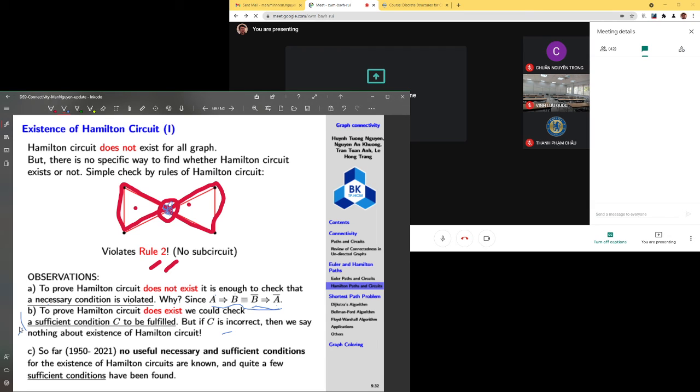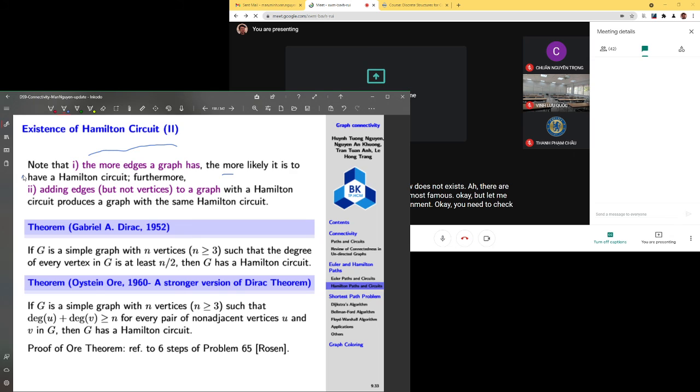Okay, so I will move to the sufficient conditions now. There are two famous theorems. Actually, there are about 10, but at least in your class only two. Okay, but before that, I will make two notes here. The more edges in the graph, the more likely the graph is to have a Hamilton circuit.